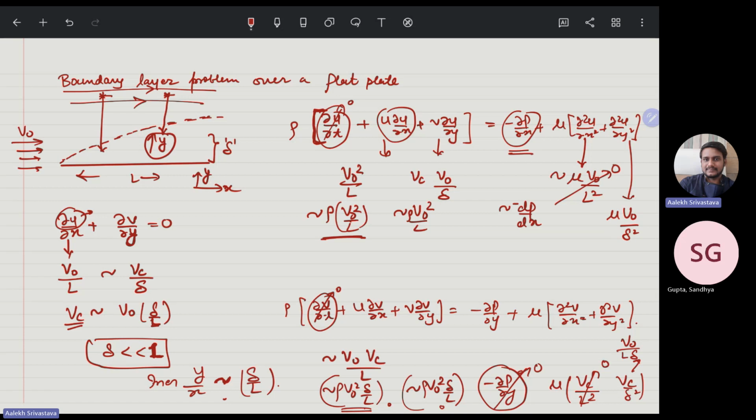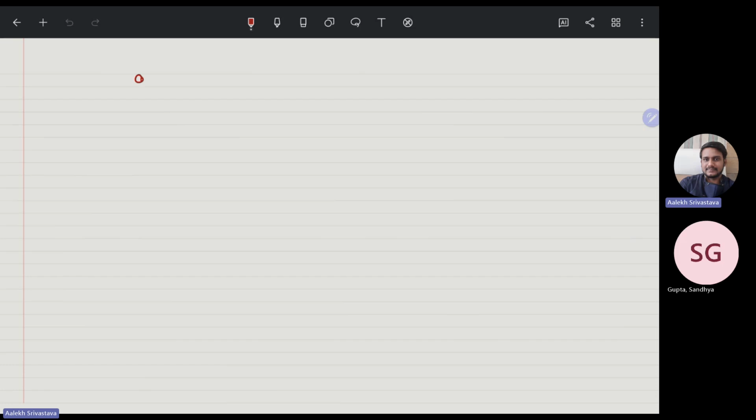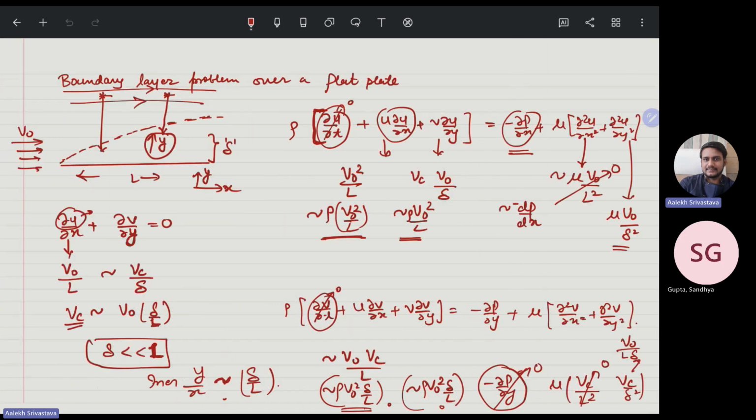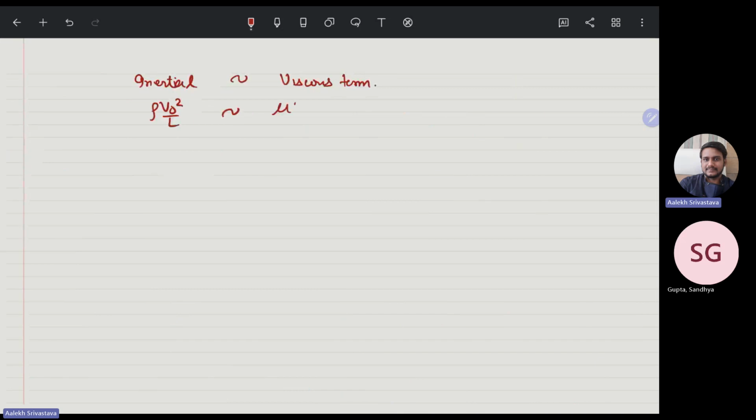Now, if I say that my inertial term and the viscous term are significant and both are of the same magnitude, that means rho V0 square by L is of the same order of magnitude as mu V0 by delta square.